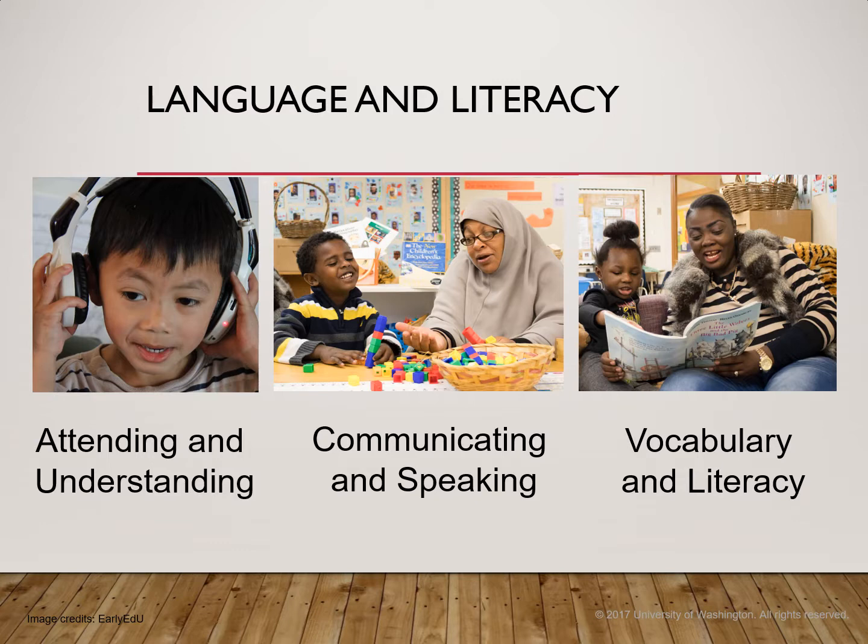In preschool, language and literacy are separate domains that reflect the differences in development in these areas. The language and communication subdomains for preschoolers are attending and understanding, communicating and speaking, and vocabulary. The literacy domain has these subdomains: phonological awareness, print and alphabet knowledge, comprehension and text structure, and writing.